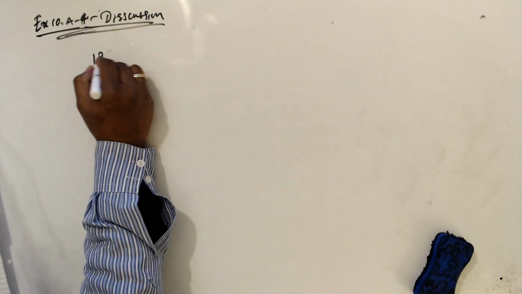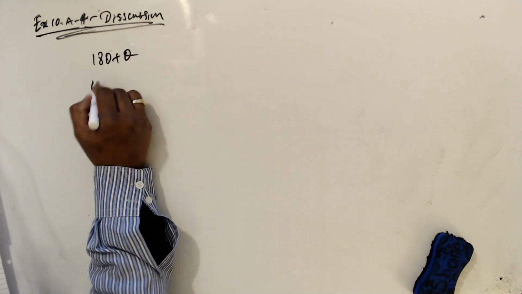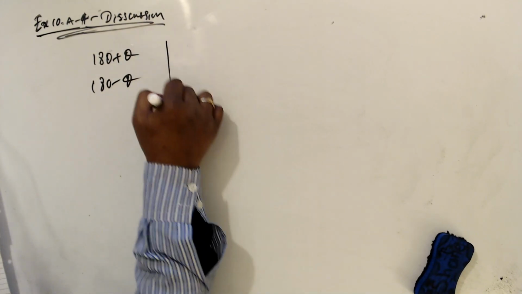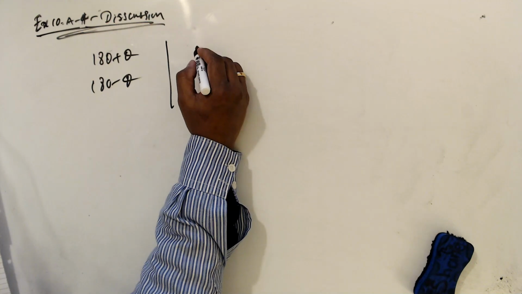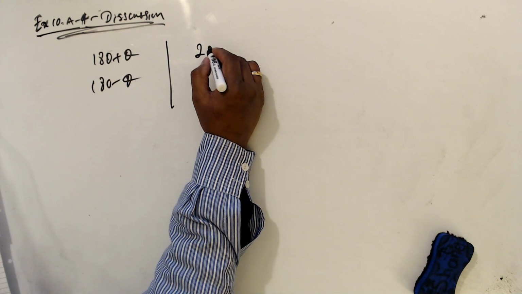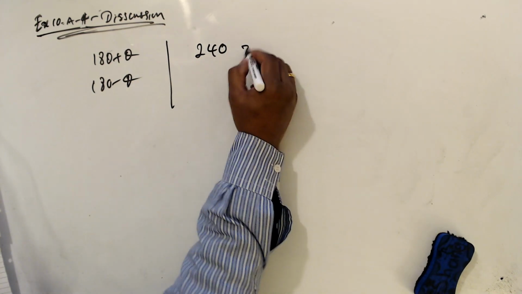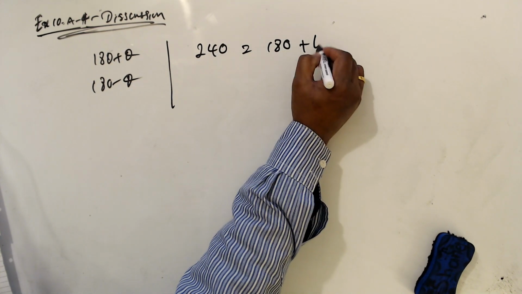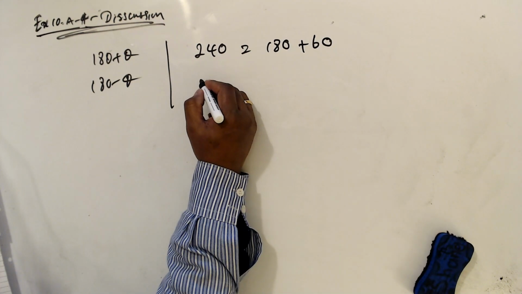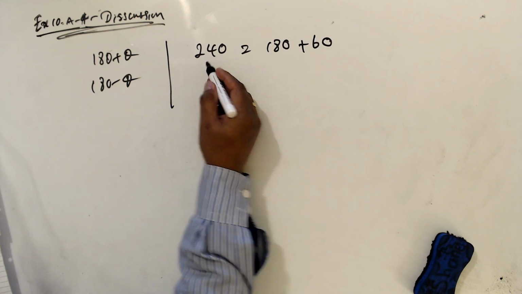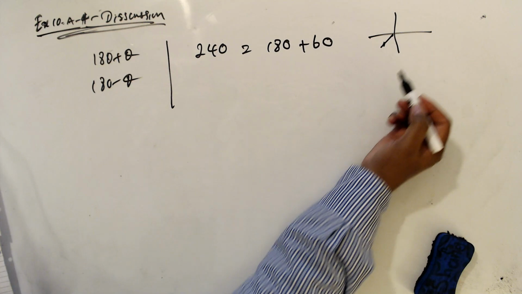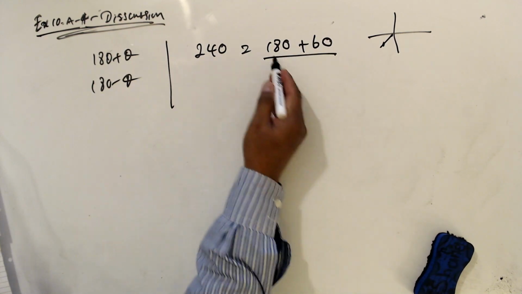So we discussed 180 plus theta and 180 minus theta. So the use of it: I can write angle 240 as 180 plus 60. I can see that 240 lies in third quadrant, and I write it in terms of 180.